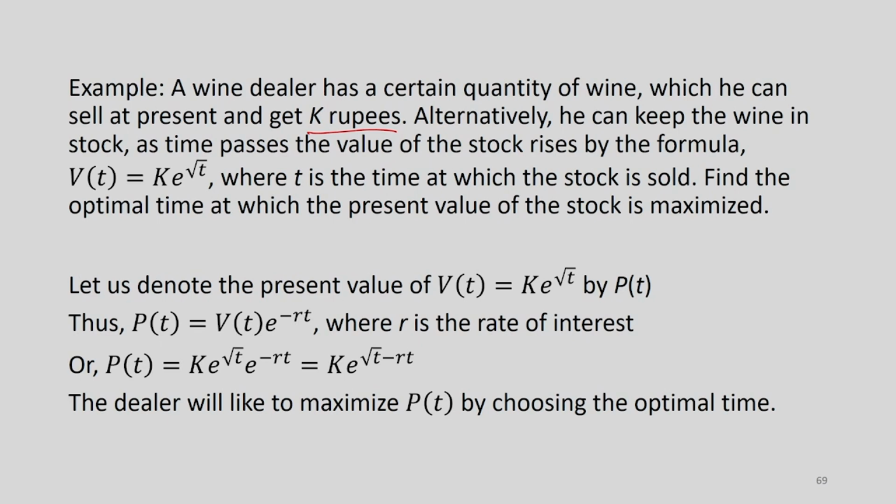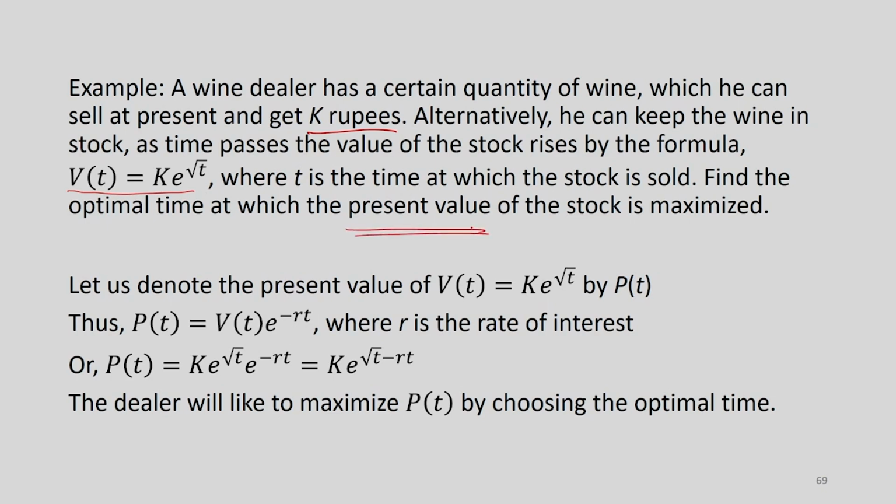As time passes, the value of the stock rises by the formula Vt is equal to k multiplied by e to the power root over t, where t is the time at which the stock is sold. Find the optimal time at which the present value of the stock is maximized.